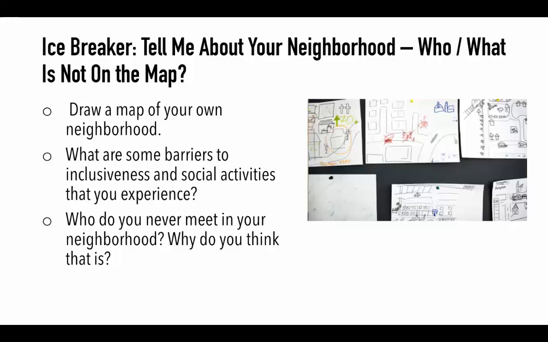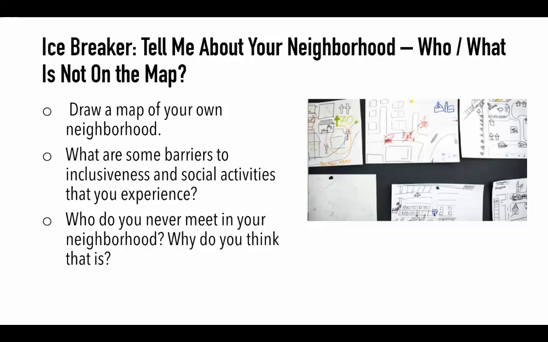The first thing I asked was, draw a map of your own neighborhood. What are some barriers to inclusiveness and social activities that you experience? But also, who do you never meet in your own neighborhood, and why do you think that is? That was a question aiming at how diverse you think your neighborhood is, or whether everybody around you is just like you.